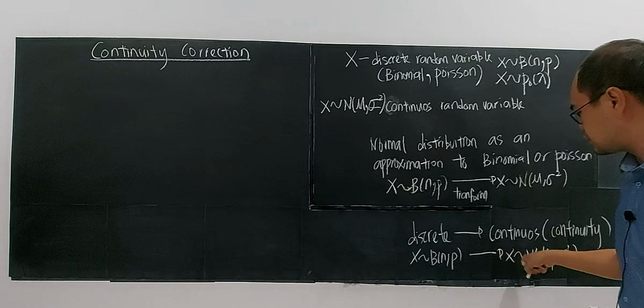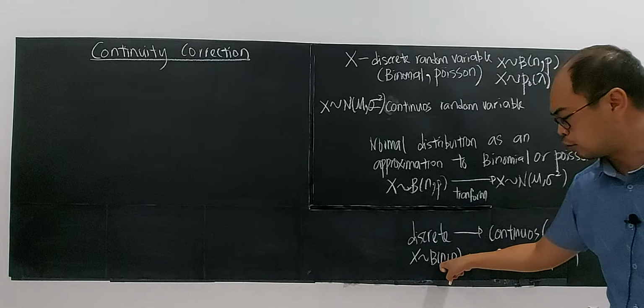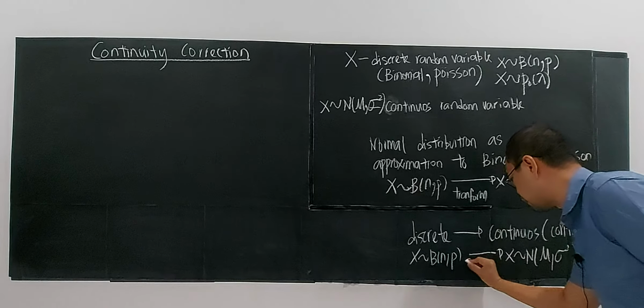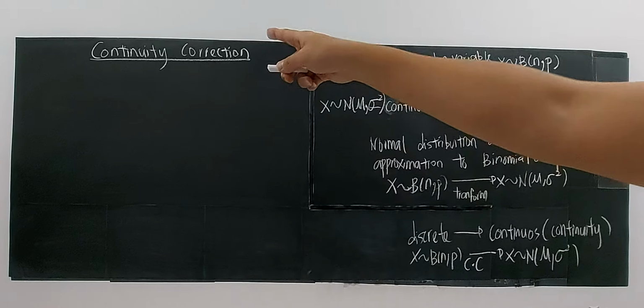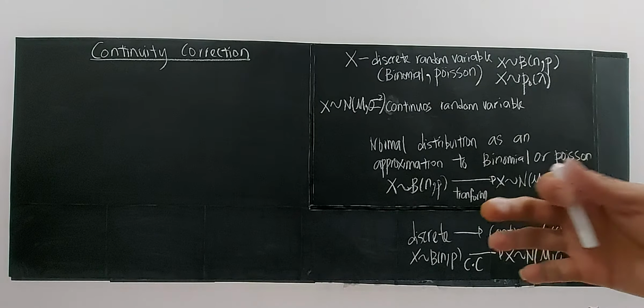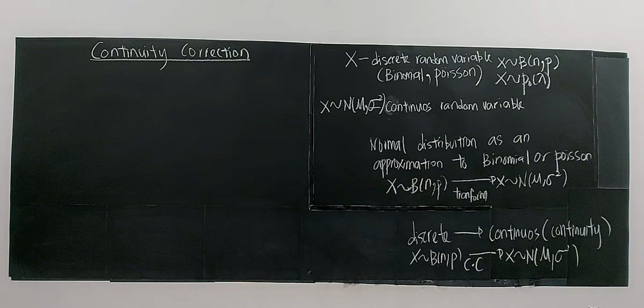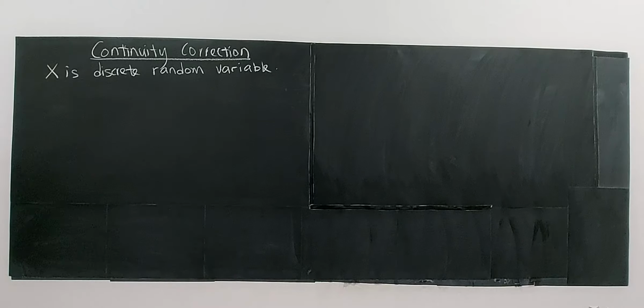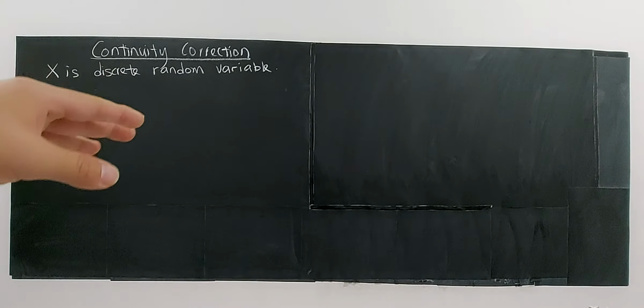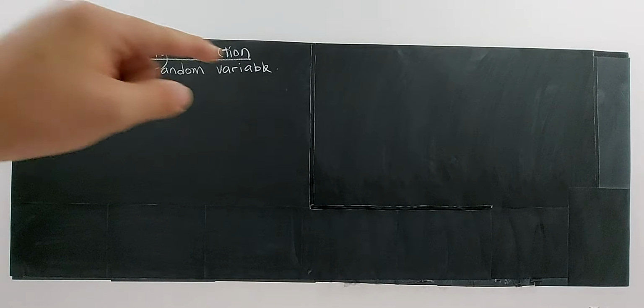If we use this as an approximation to the binomial distribution, then we need to make a CC. The CC here is the short form for continuity correction. Let's see the meaning of continuity correction. Later I will show you various examples.